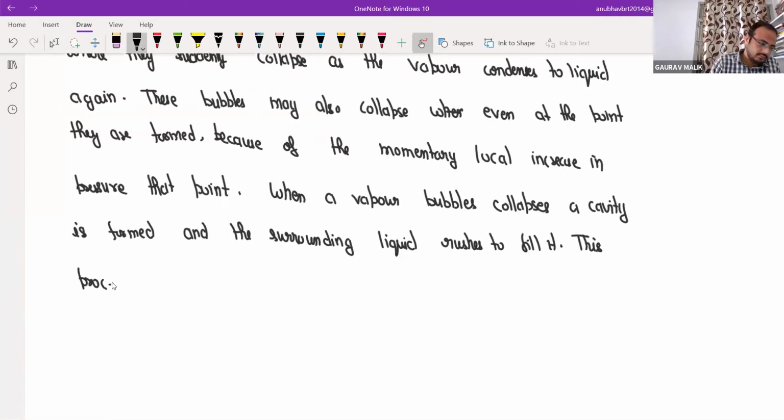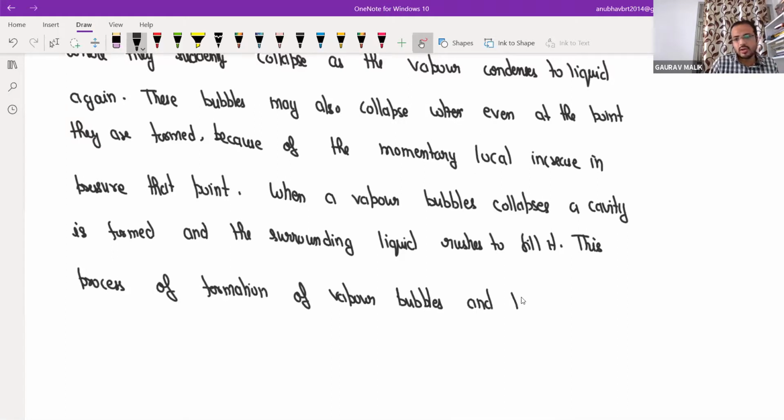This process of formation of vapor bubbles and their collapsing is called cavitation. And it is an unwanted phenomenon.